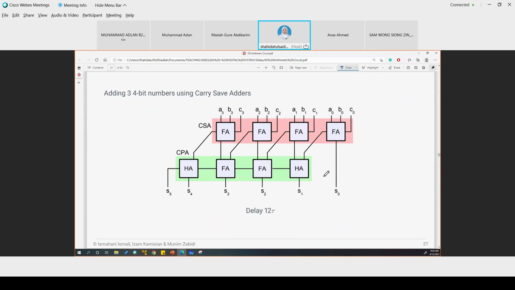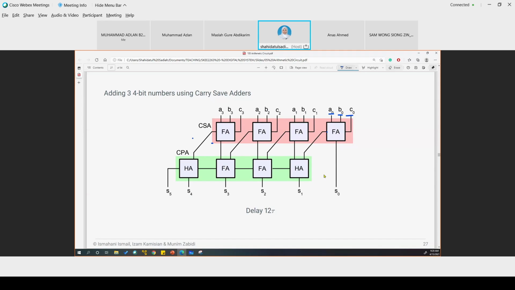And then for the carry save adder, we can add 3 bits into the adder, using the carry input for the third input, which is the input C. And then instead of propagating the carry to the next block of full adder, we're not going to do that.